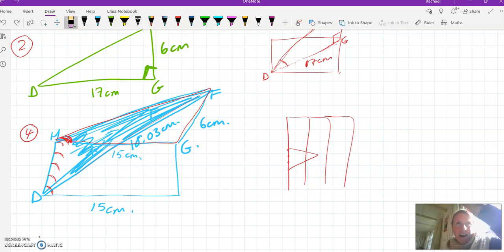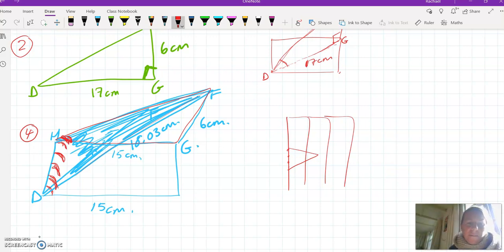This other line from F down to D, that other edge, that angle's going to be a little bit trickier because it's not going to tell us the angle that we actually want to know, because we're wanting to know how far it's opened up.